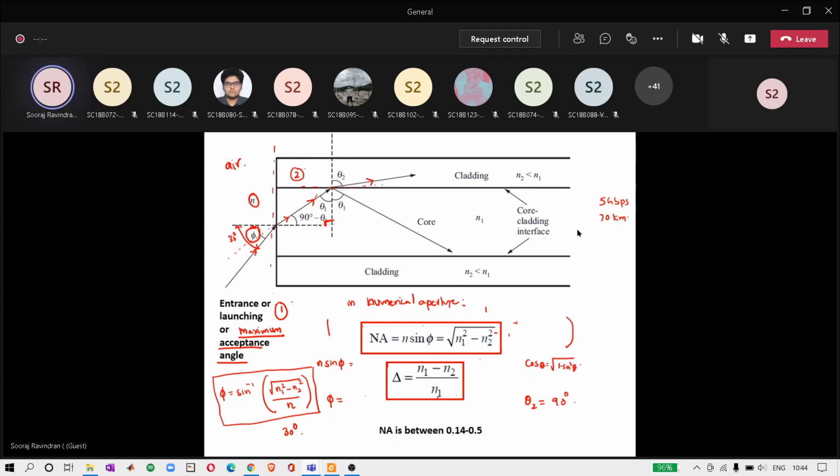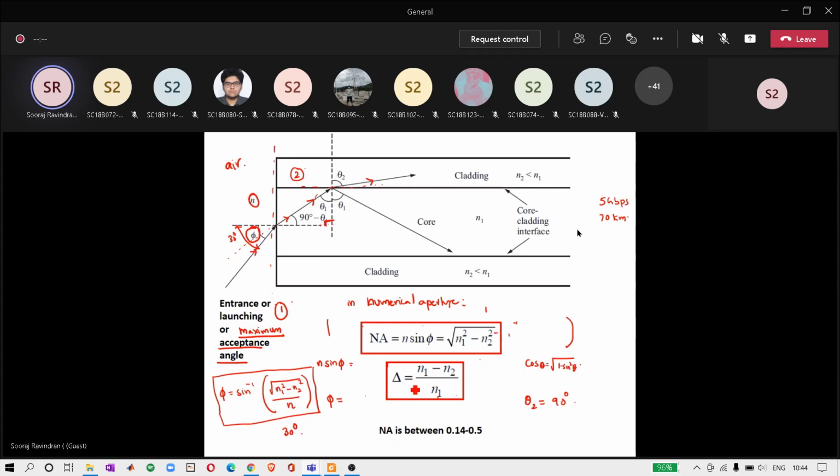All right, so numerical aperture is defined as the square root of n1 square minus n2 square. There is also another important parameter which is defined as delta. This capital delta is given as n1 minus n2 by n1, where n1 is the core refractive index and n2 is the cladding refractive index.